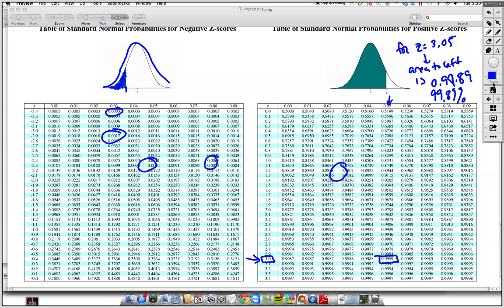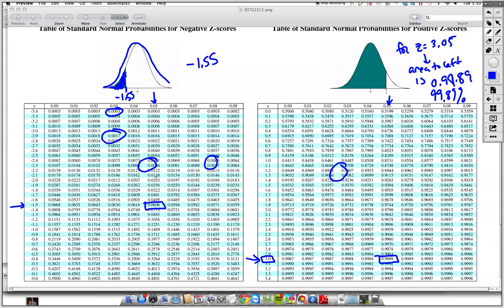It helps you find, for a particular z value, for instance negative 1.55, the area under the curve. So let's say this is negative 1.55. What area is here to the left? Well, I'd go down to negative 1.5. It's right here. And then I'd go to 0.05, and I'd say, okay, it's right here.